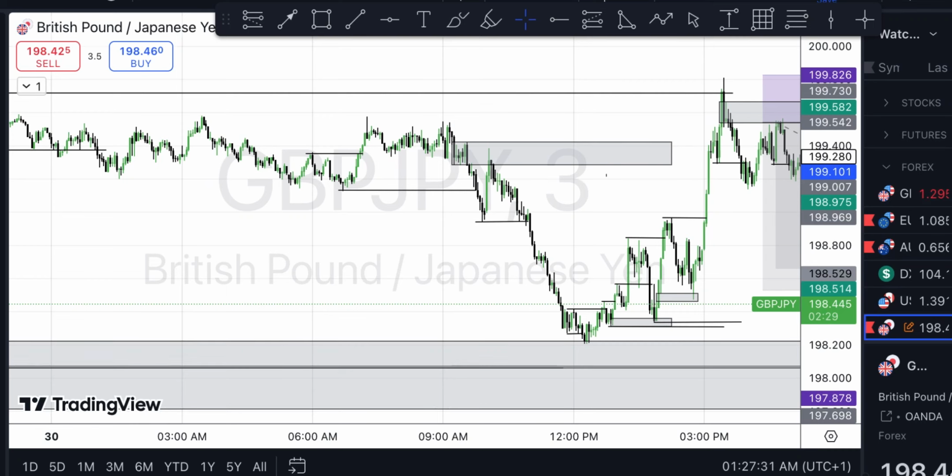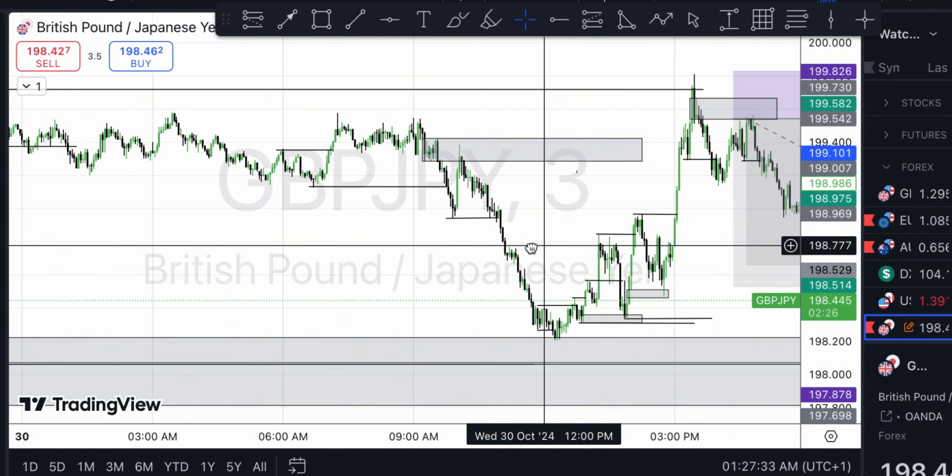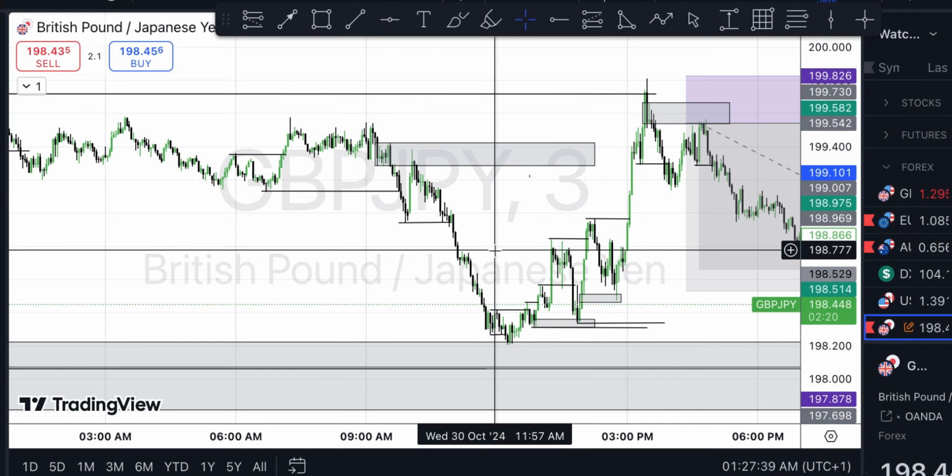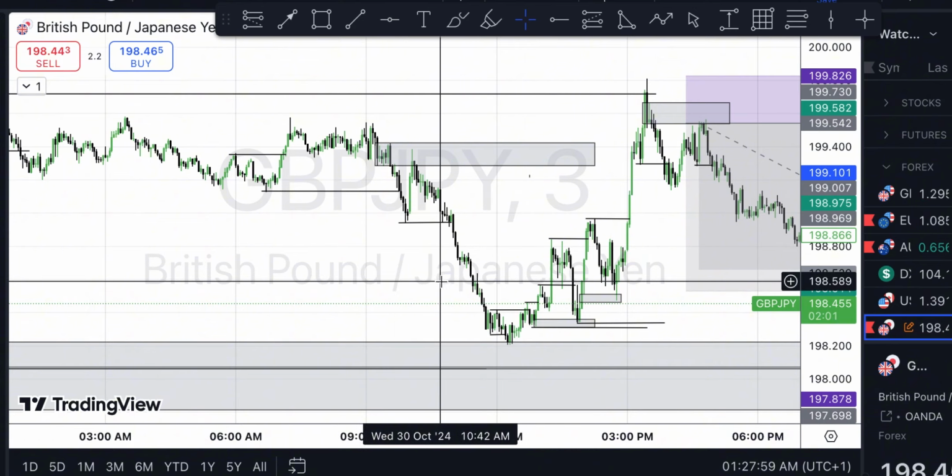In this tutorial, I'm going to be showing you how to catch sniper entries, and I'm going to be showing you a unique, refined strategy that you can use to catch sniper entries on all your trades. So if you wait to the end of this video, I'm going to be showing you how to do this step by step.